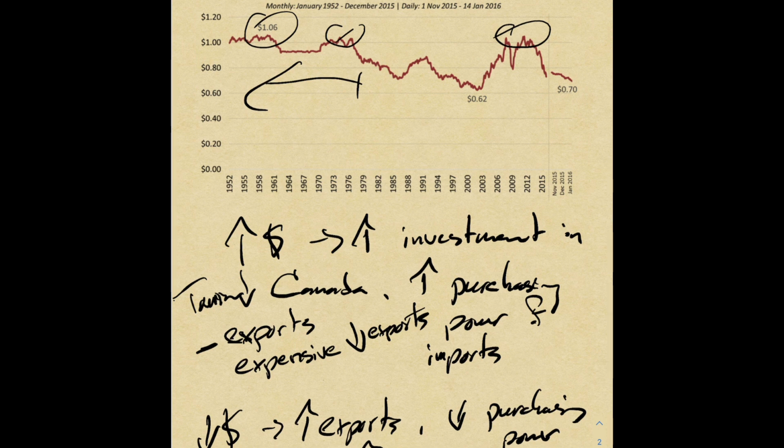So if we had an even dollar with the United States, yeah, you'd have more Canadians going down there to shop because some things are less expensive, right? But at the same time, you'd have fewer Americans coming up here because their dollar wouldn't go as far, because our prices reflect the exchange rate, and our prices are more expensive that way. So it is a push-pull thing.